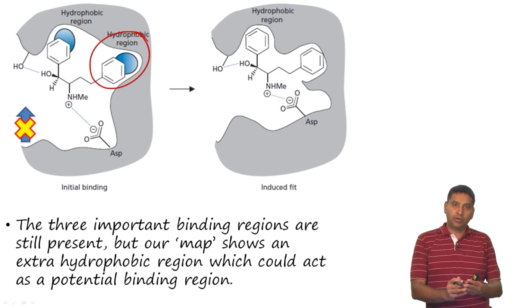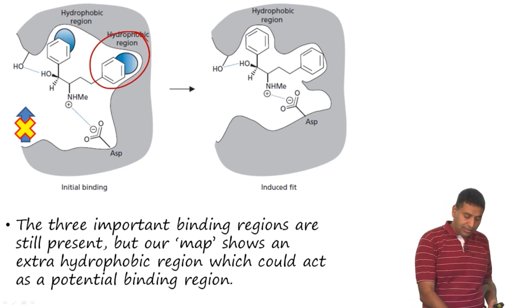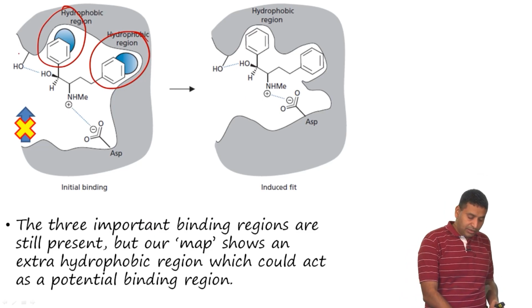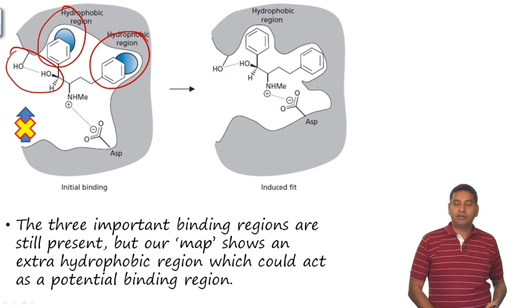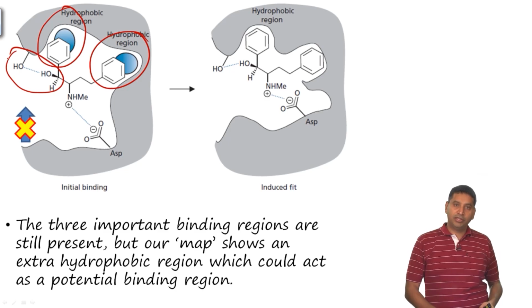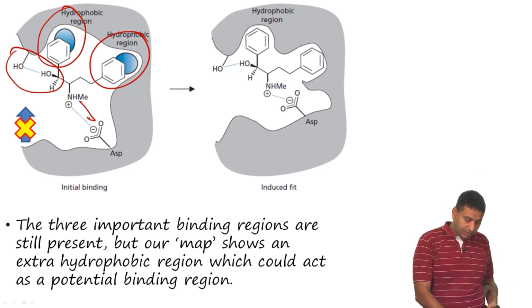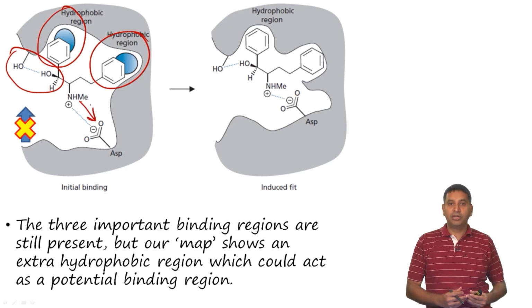Now, if you were to design a molecule that exploited this extra hydrophobic region here, the fit of the molecule is such that it binds to the hydrophobic region, and it still involves hydrogen bonding. But the only difference is that because it is already bound to the hydrophobic region, this interaction is still happening, but does not require the protein to undergo a conformational change.